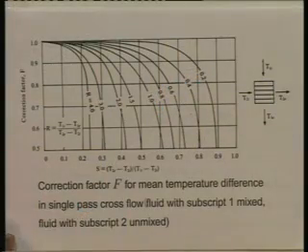Now, let us look at the next results. I am just showing these results which are to be used for actual calculations. The next figure shows the correction factor f for mean temperature difference in single pass cross flow, fluid with subscript 1 mixed, fluid with subscript 2 unmixed.